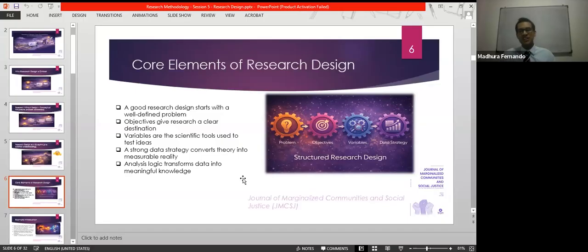You can just convert these social constructs into mathematical formulas, regression models, or any type of mathematical models. So that is the beauty behind quantitative analysis, right? Okay. Then we'll move on to the seventh slide.